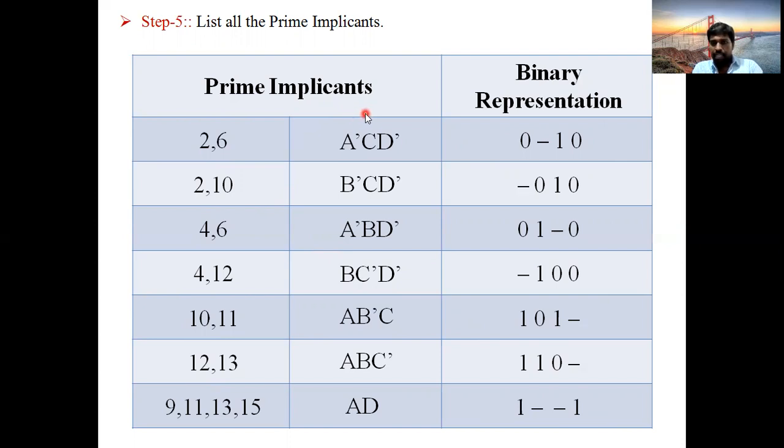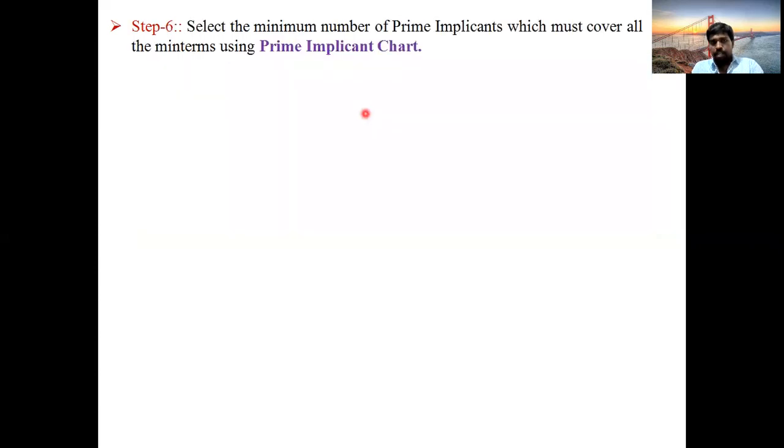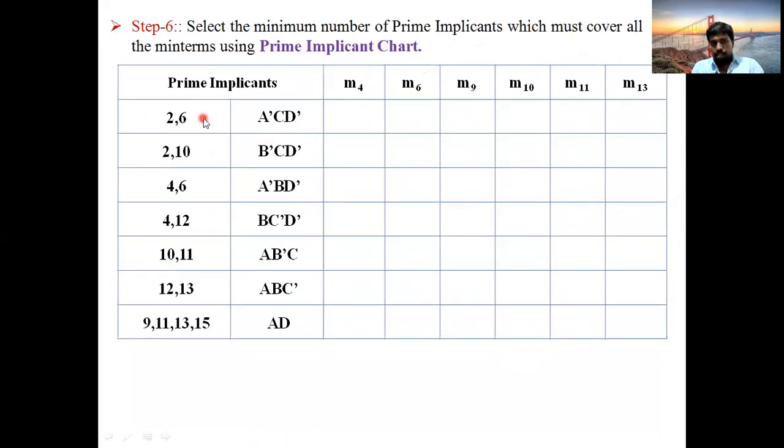Okay, and the last step, which is the crucial step, please observe the difference between the previous question and this question. List out all the prime implicants we have solved previously, the cell numbers as well as their answers.